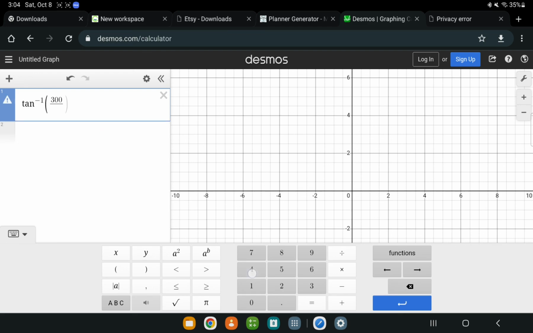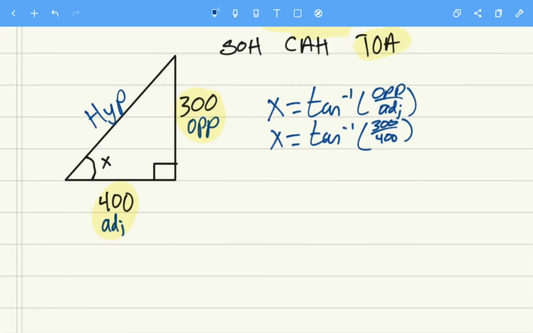Tangent inverse of 300 divided by 400. Close parentheses. We get 36.8, which rounds up to 37. And that is all you have to do.